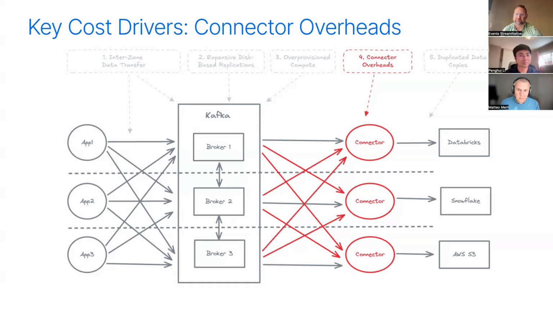In this case, you must manage so many connectors or Flink jobs if you have many topics. And from the connectors you are able to avoid the internal traffic, but you need to set up your connectors or Flink jobs correctly.